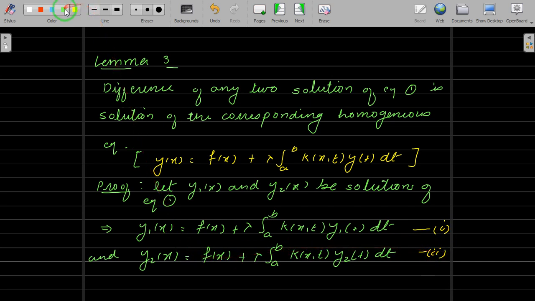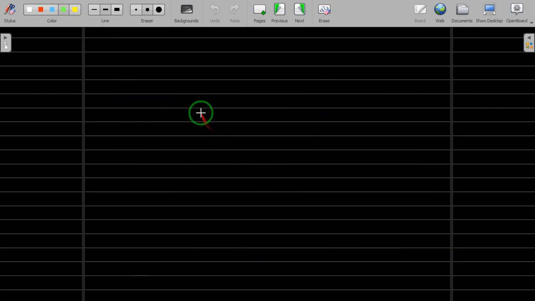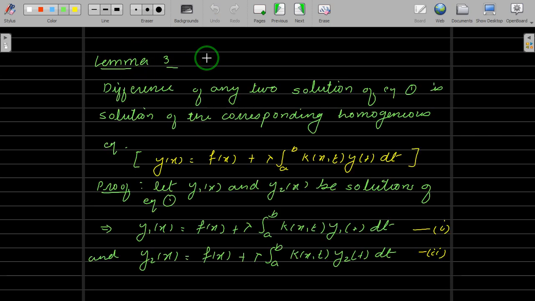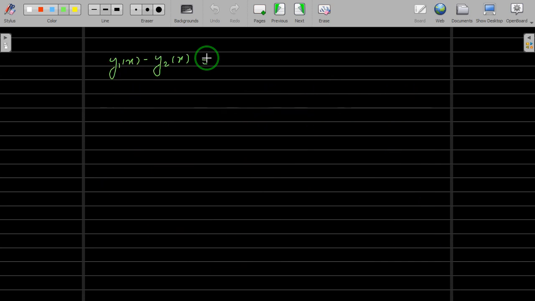So you subtract 1 and 2, or 1 from 2 or 2 from 1, it doesn't matter actually. When you subtract, you will have y1(x) minus y2(x) equals, f(x) will cancel out, this lambda you can take common, then the integral, K(x,t) is common, and then you will have the difference y1 minus y2.